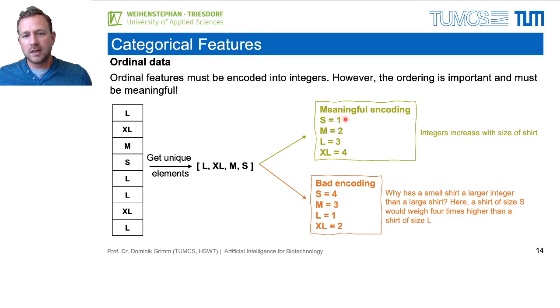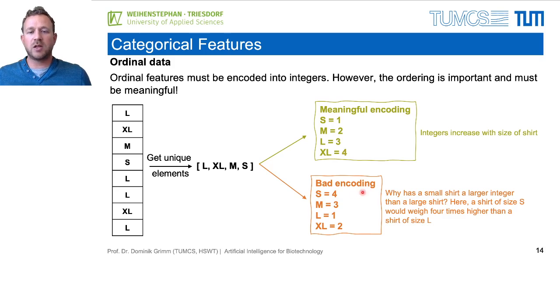And so these integers now increase with the size of the shirt. So this is meaningful because here a 4 is in a mathematical sense higher than a 1, and also the shirt size XL is larger than the shirt size S. So this ordering and this encoding makes a lot of sense, also from a mathematical perspective.